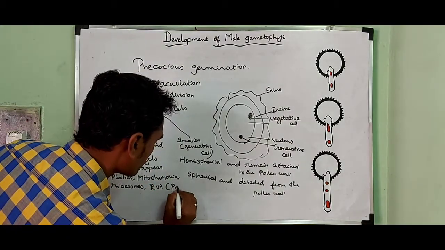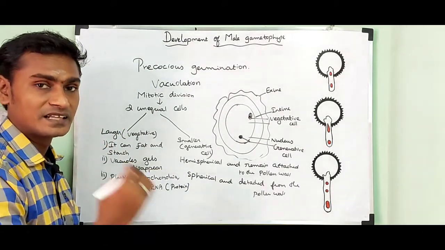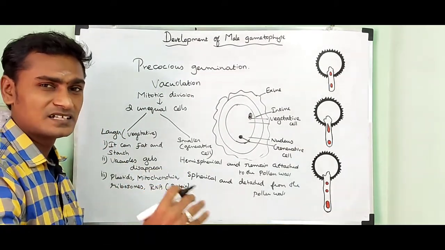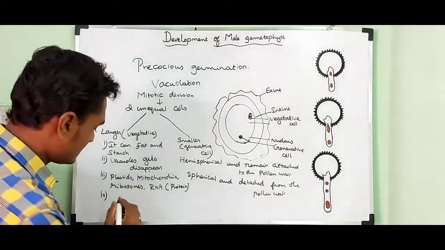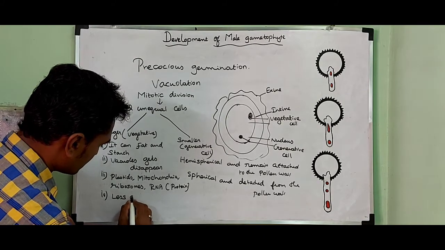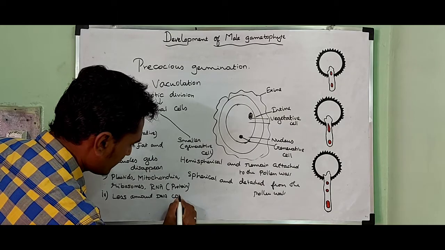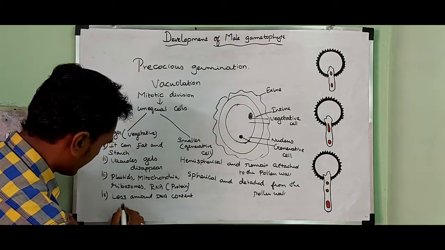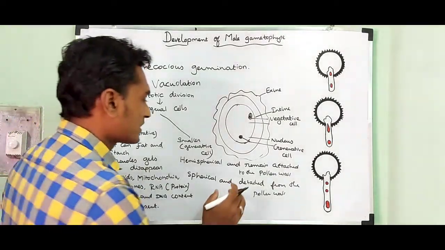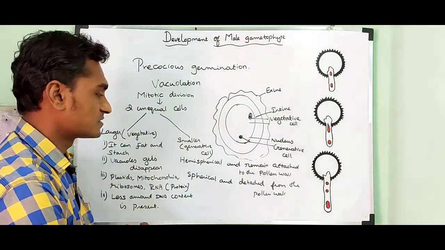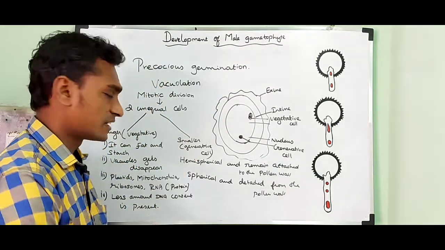So what can it produce? Protein. And it contains a less amount of DNA content. So in the vegetative cell, a less amount of DNA content is present, okay?